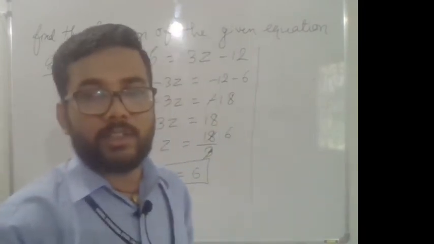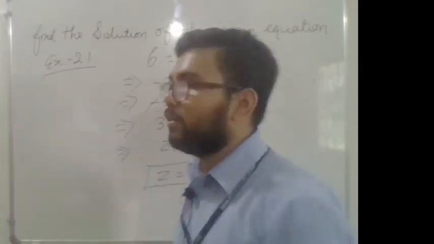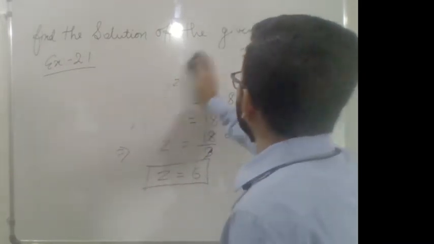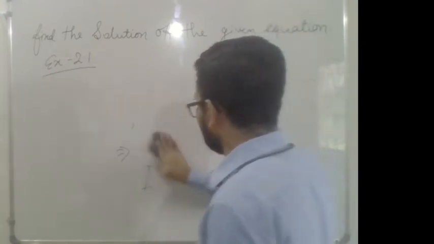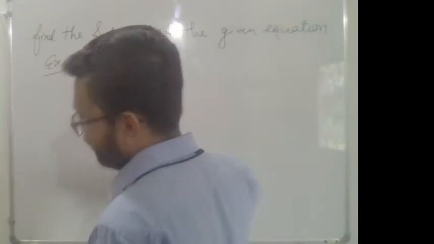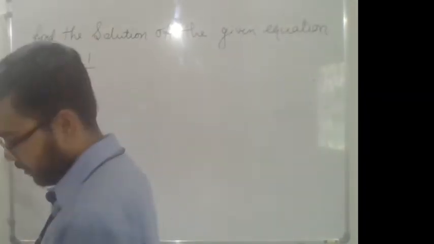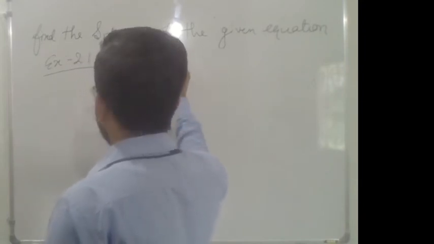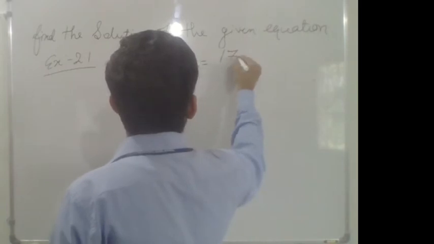Let us see another example. If you need to find the solution of another example like 3/7 plus x is equal to 17/7.